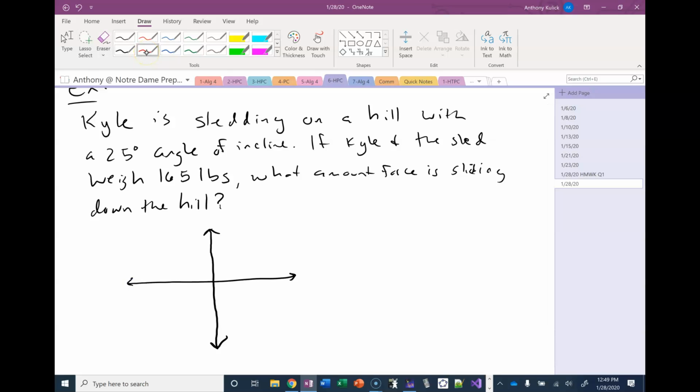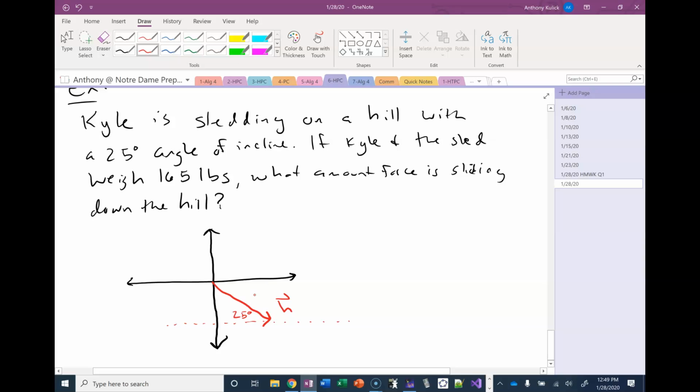So there are two vectors at play here. There's the hill, and there's Kyle on the sled. Everybody agree with this? Okay. So I'm going to draw on the hill. So that's the vector h. And because we're going downhill, I'm going to draw the vector going in the downward direction. And it says the angle of incline is 25 degrees.